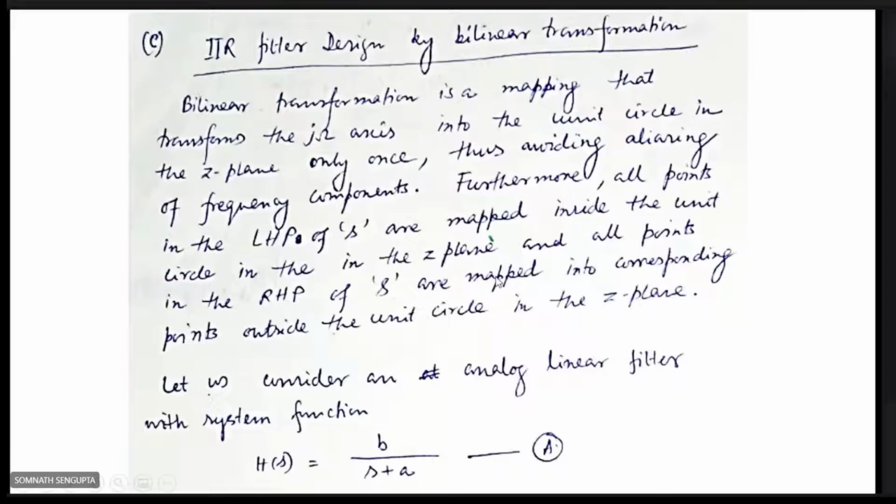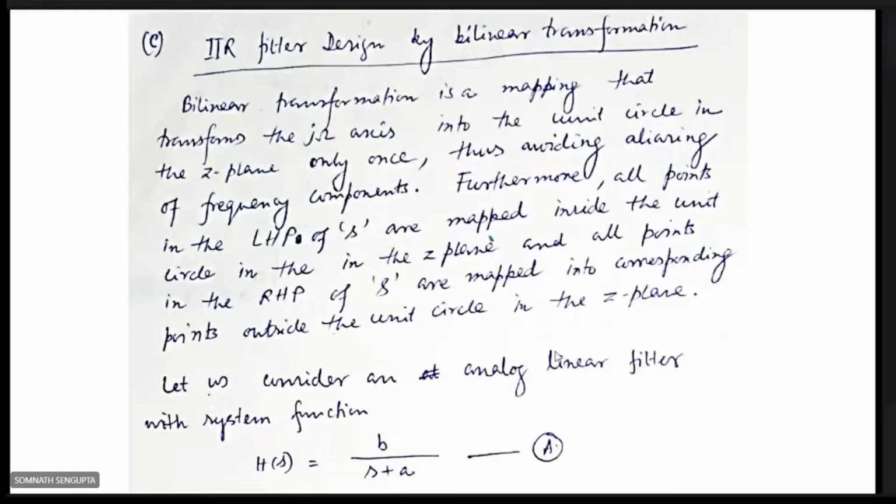Now let us see what is the basic concept. It was discussed in today's morning class that there is mapping of the points in the S plane to the points in the Z plane in some expected manner, like the left half S plane, all the points in the left half S plane are mapped within the unit circle of the Z plane.